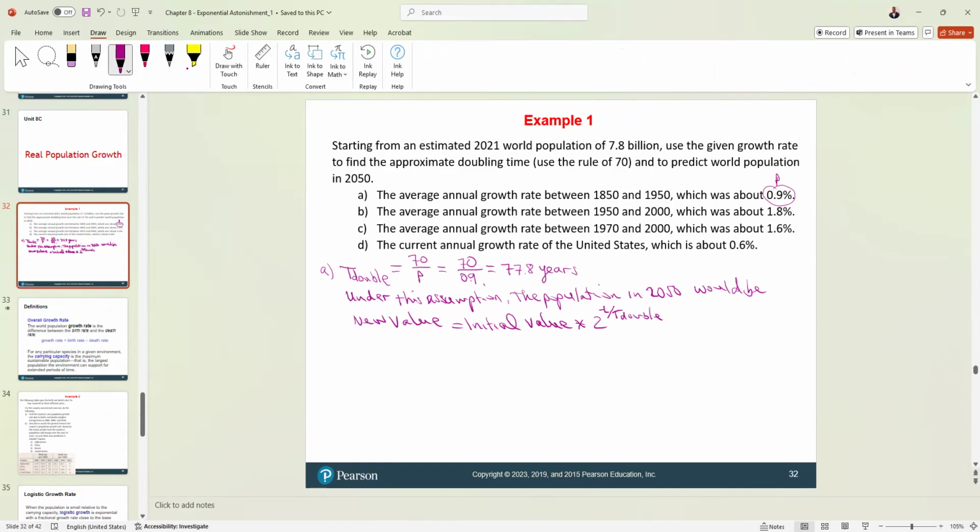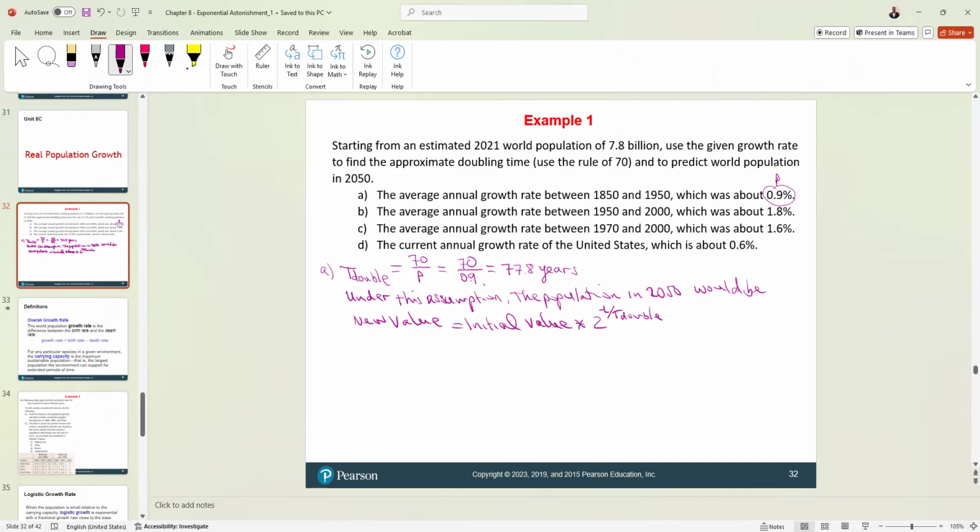So what is t then? Remember, if we want to find t, we need to subtract, since we are starting from 2021. So 2050 minus 2021 would give you what? You need to find that number.